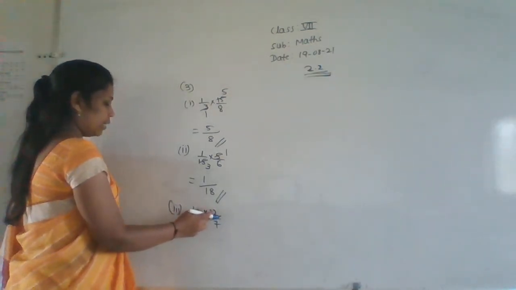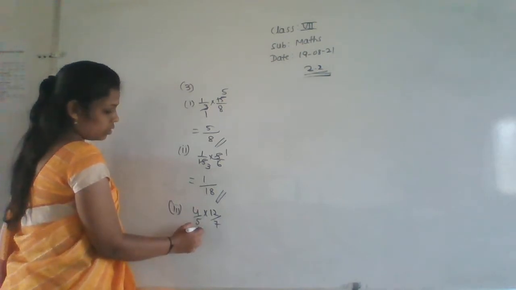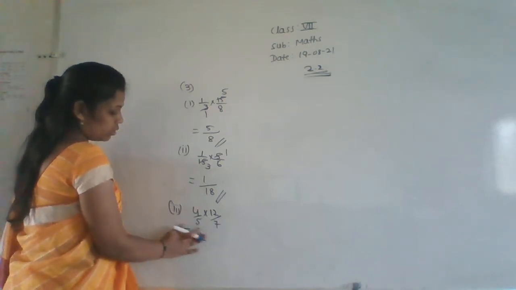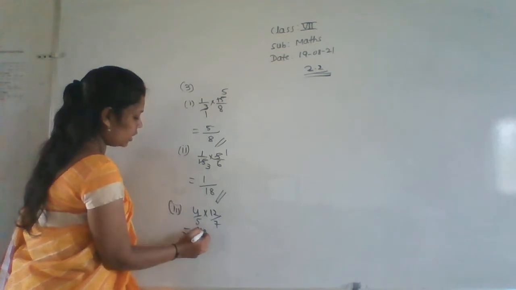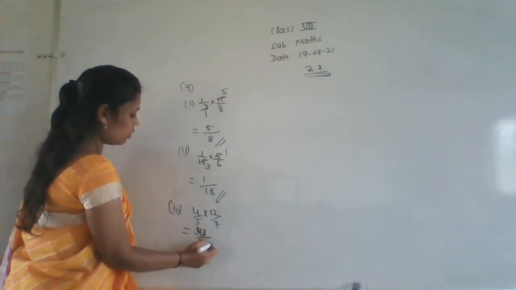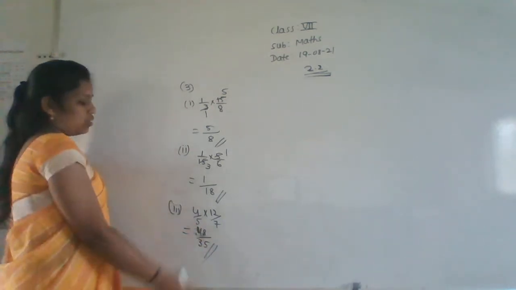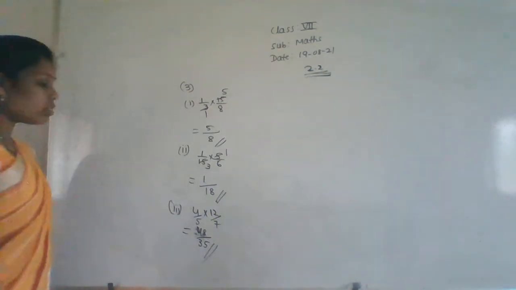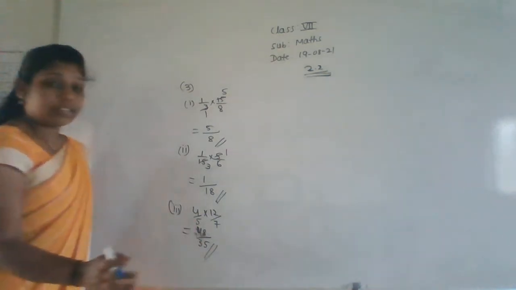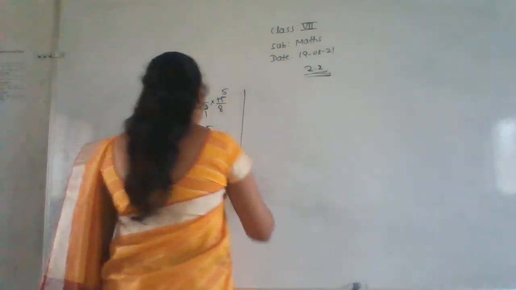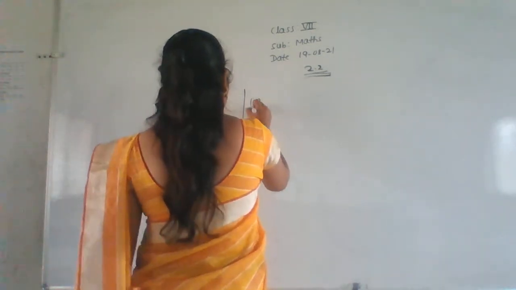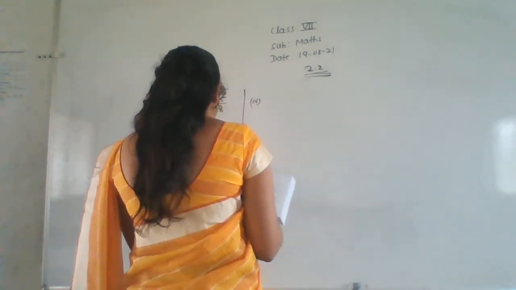Just multiply and write. 12 fours are 48, divided by 7 fives are 35. We can cancel these two values. That is the lowest form because these two are not in the same table, right? So next, fourth one. Go for the fourth one here.